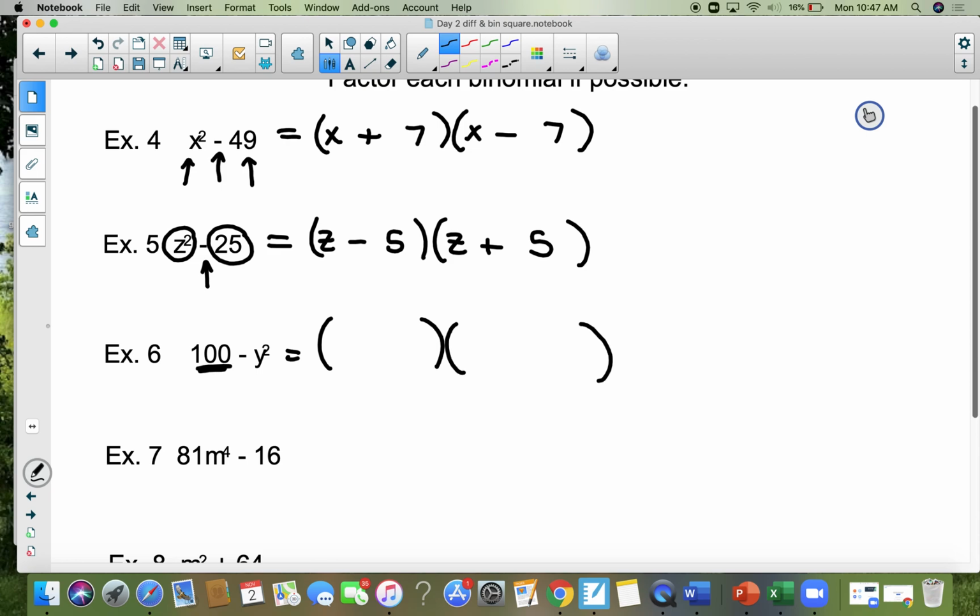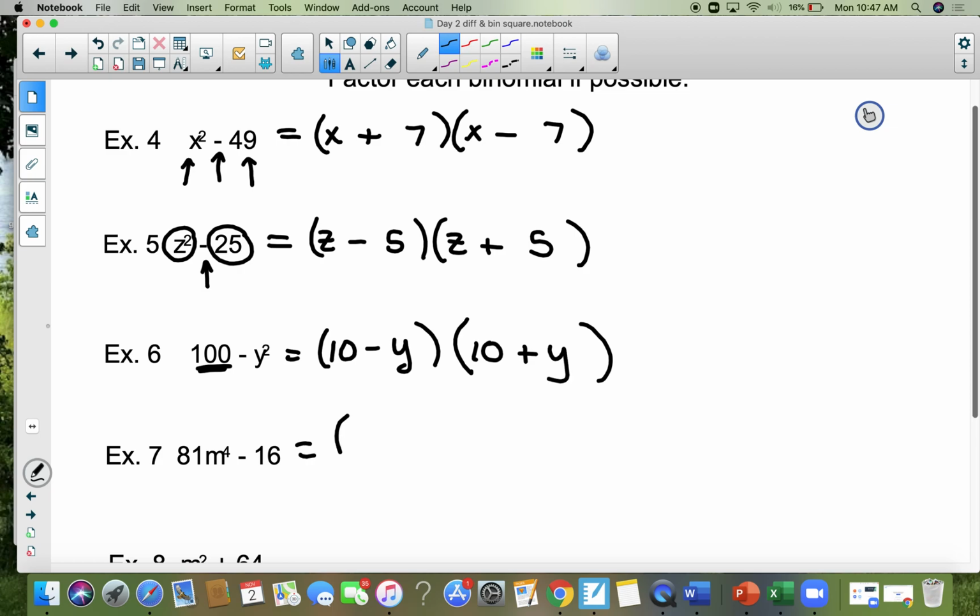Some people think it should be 50 and 50. But when you multiply those together, it does not make 100. It cannot be 50 and 50. You're trying to come up with a perfect number that's exactly the same, and it's 10 and 10, minus y and plus y, and you are done.